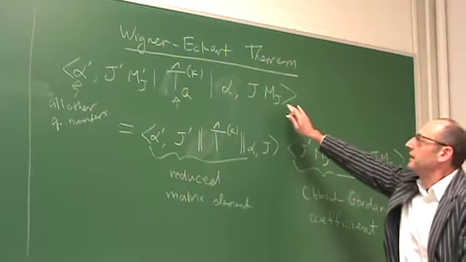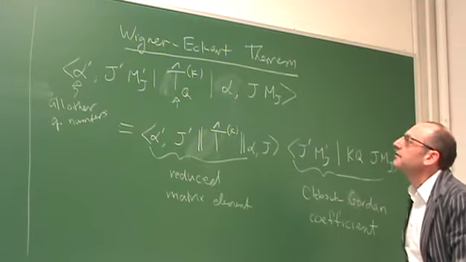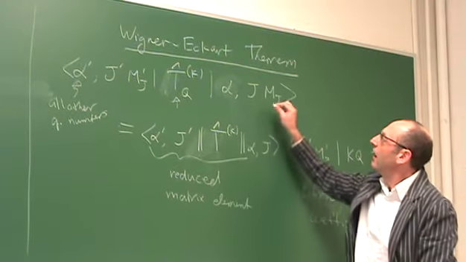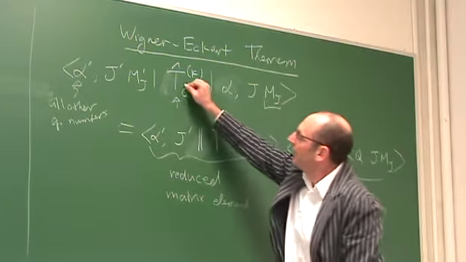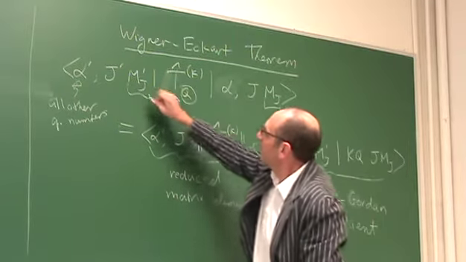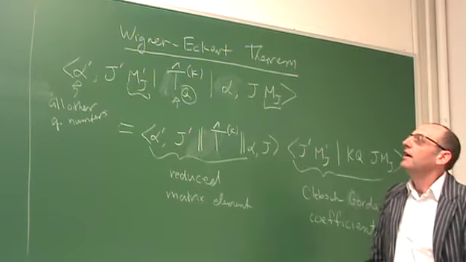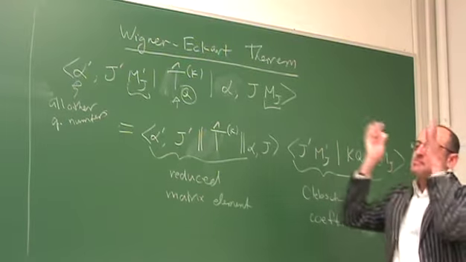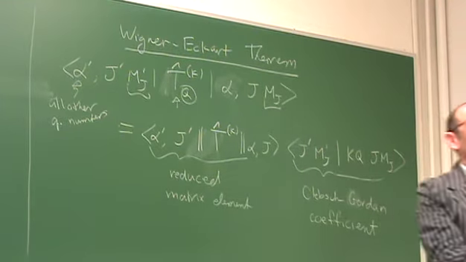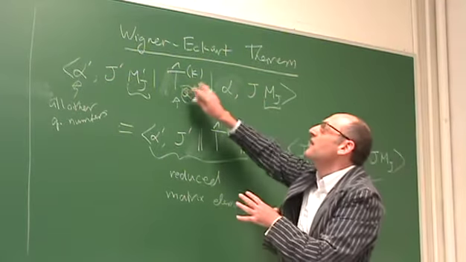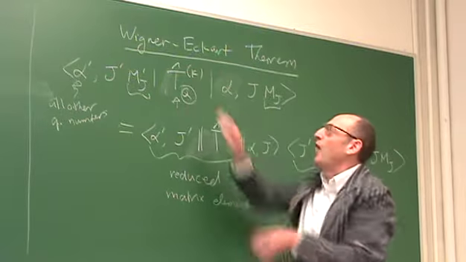This matrix element breaks up into two pieces. One piece which is independent of the indices M, M prime, and Q. In some sense, it has only to do with the magnitude of the angular momentum, and the magnitude of, in some sense, the rank here.